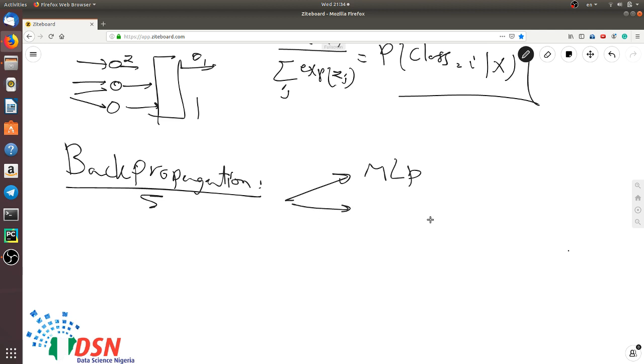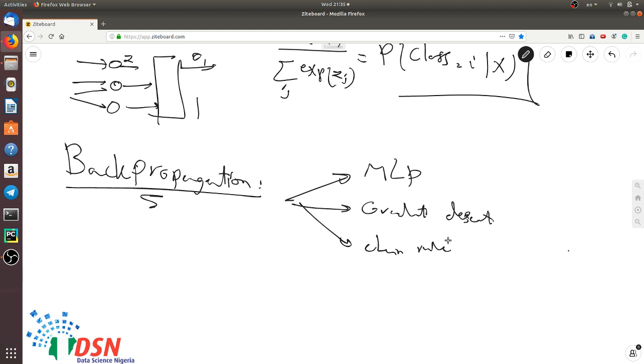It is based on the gradient descent algorithm, and it uses the chain rule to efficiently compute the gradients.